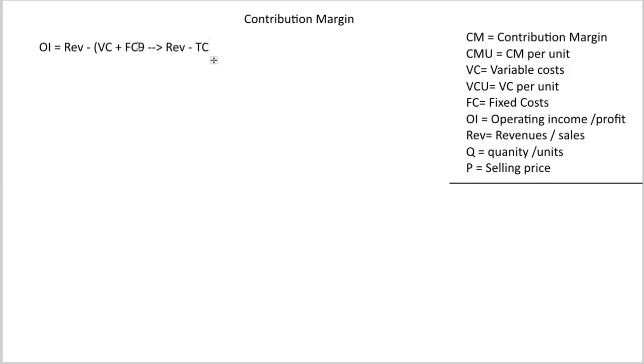That is because, I'm sorry about the typo, your variable cost plus your fixed cost equals your total cost. Also, the OI can be written as your revenues, if we open the bracket, minus your variable costs, minus your fixed costs. This is going to be very important later on, so let's keep it at that.